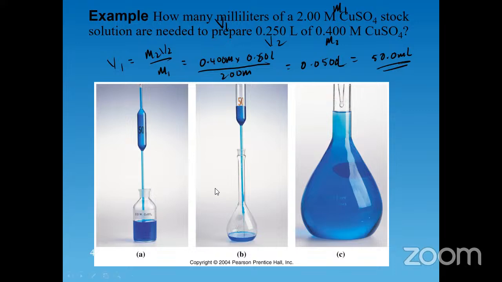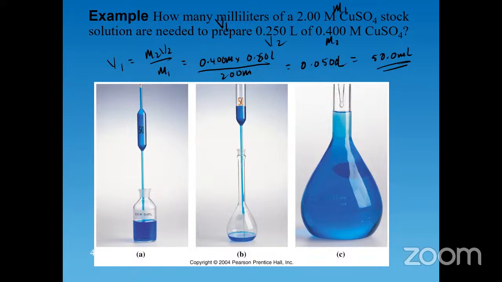But in practice, what is done is we use a piece of glassware known as a pipette, right? And this is not the disposable pipette that we were using this week. It's a very accurately made glass pipette, which is designed to measure a specific volume. You can't see it here, but there's a mark somewhere on the stem here, which basically represents 50 mL.